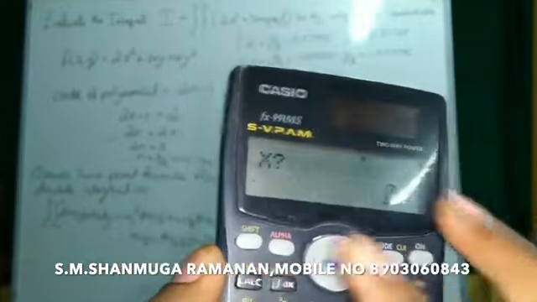Then press the calc button. Here the x value equals 0.57735.